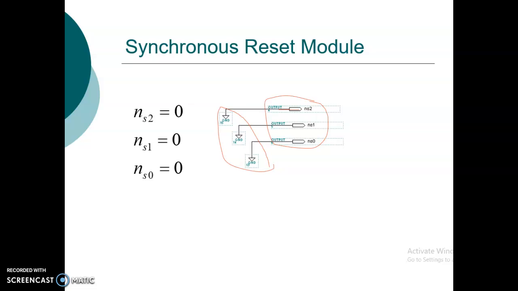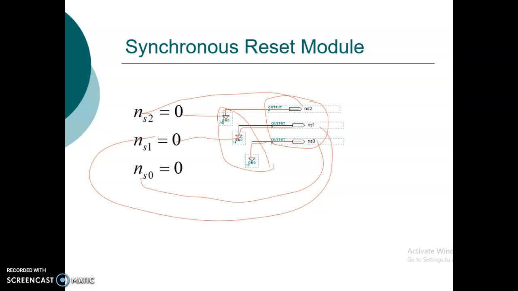Synchronous reset model: NS2 is given to ground, NS1 is given to ground, NS0 is given to 0. NS2 is 0, NS1 is 0, NS0 is 0.